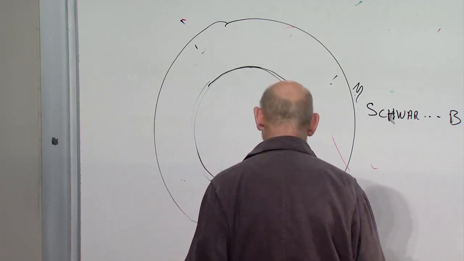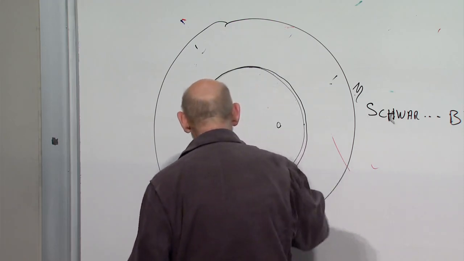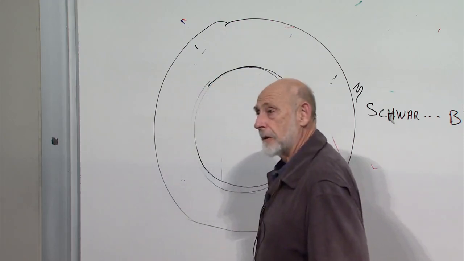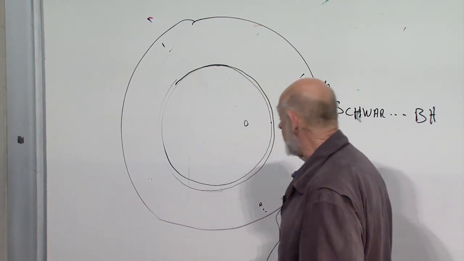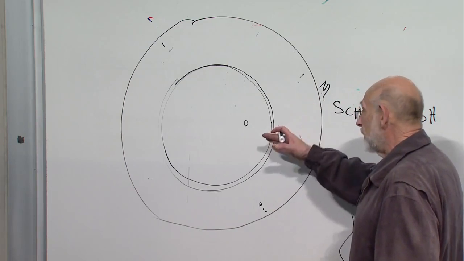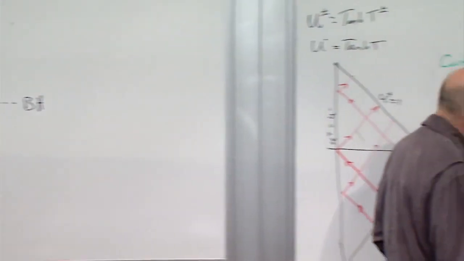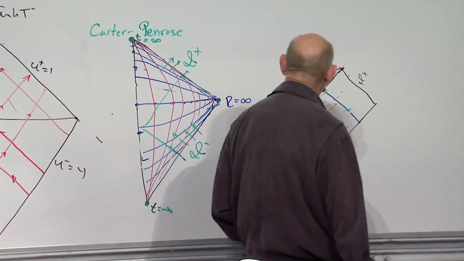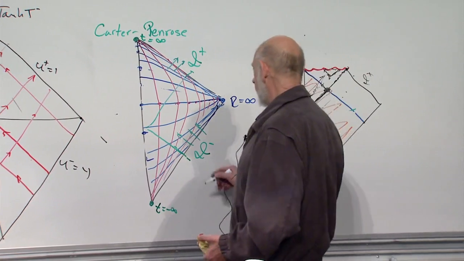If you could, now, surely you can do this to some extent. You can build a mirror around a region like this, and the light ray would reflect off. If you really succeeded in building a mirror, the light ray would reflect off. You wouldn't have a black hole.